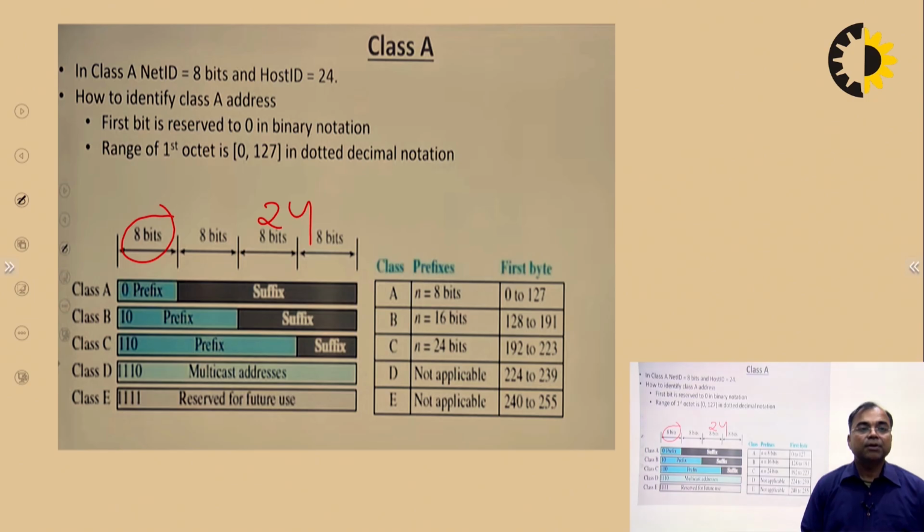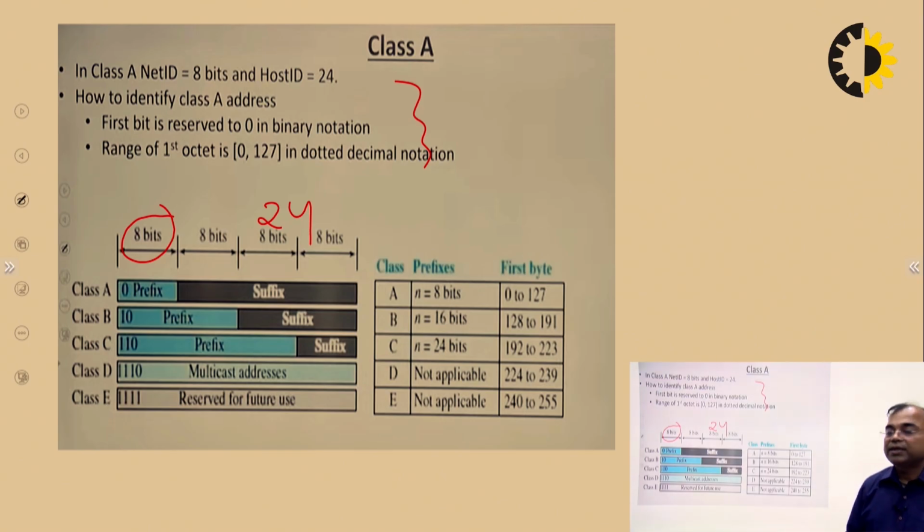So we must remember this, and we can understand. Now, how to identify a class A address? If the first bit is reserved as 0 in binary notation, it is a class A, and the range of the first octet is 0 to 127 in dotted decimal. Then we can decide which class the address is.